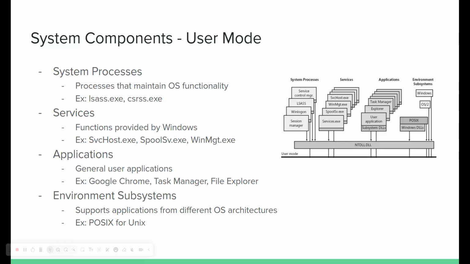They pretty much just allow applications that were made to run on other operating systems to run on Windows. It's kind of an interface that allows, let's say there's an application that was made to run on Linux, the same app to run on Windows using this environment subsystem interface.